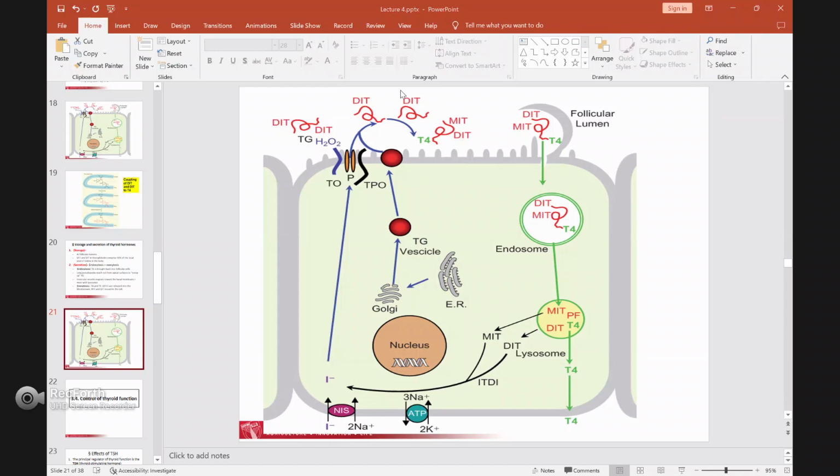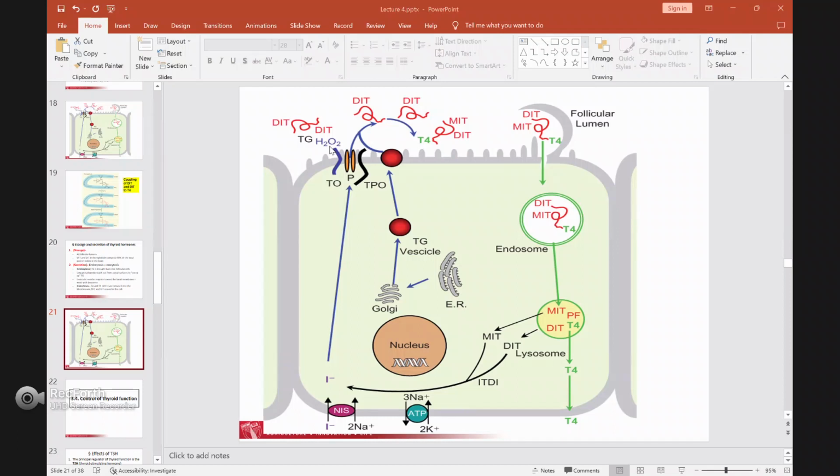This peroxide will donate one oxygen to the iodine to make the iodine reactive. Reactive means it can easily bind to other molecules. Once the iodine receives the oxygen, it becomes reactive.